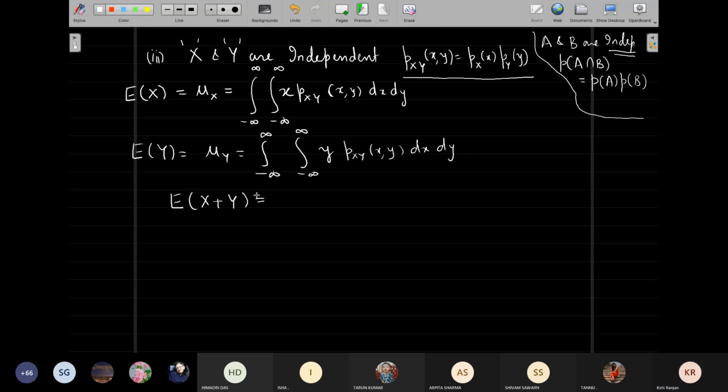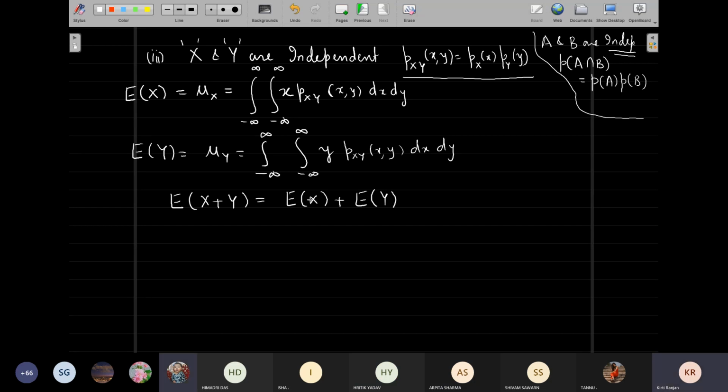This should be equal to the sum of the two, mu x and mu y. E[X] plus E[Y], right? Sum of the two.